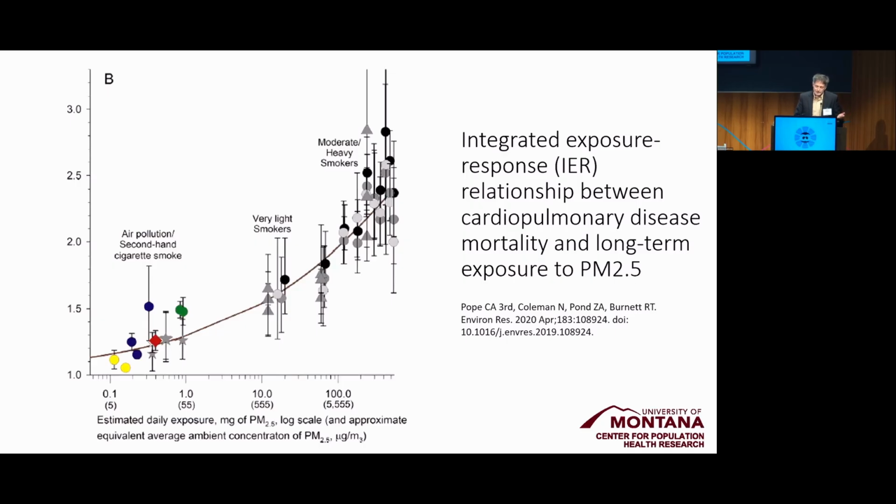The vertical axis is hazard ratios for cardiopulmonary mortality, and the horizontal axis is presenting different sets of study populations according to their estimated daily exposure of PM 2.5, including smokers, who do have an exposure to combustion of biomass.